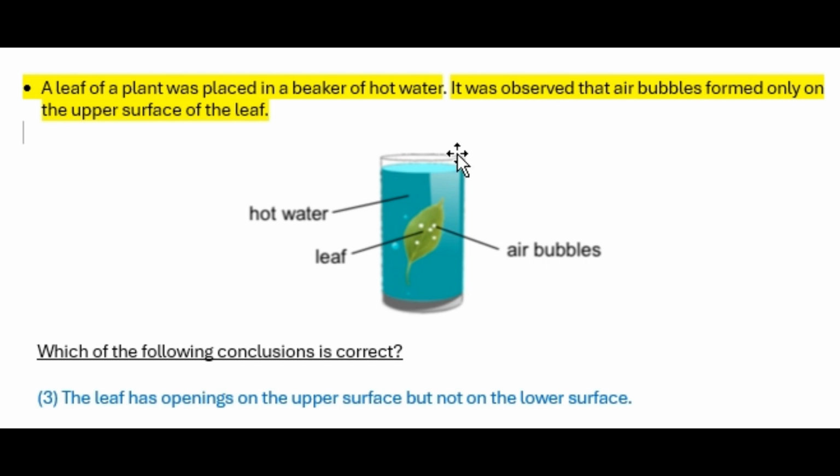It was observed that air bubbles form only on the upper surface of the leaf. Which of the following conclusions is correct? 3. The leaf has openings on the upper surface, but not on the lower surface.